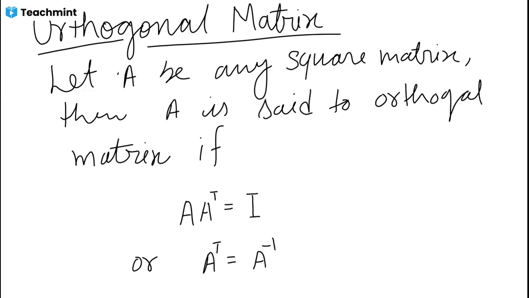Then we can say the given matrix is an idempotent matrix. You got it? When you multiply a matrix to itself, you get the original matrix. Yes. Then we can say the given matrix is an idempotent matrix. Okay.